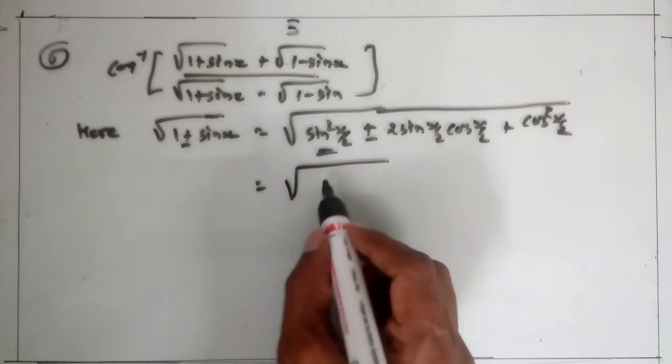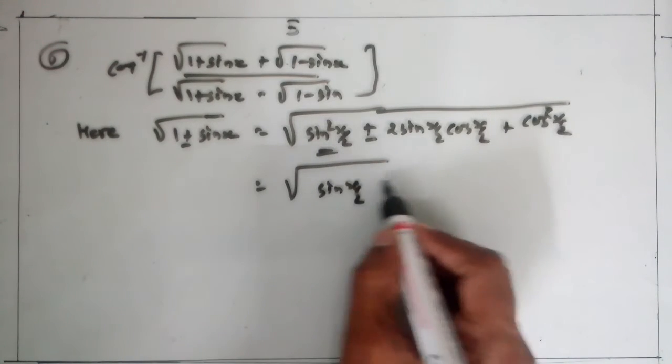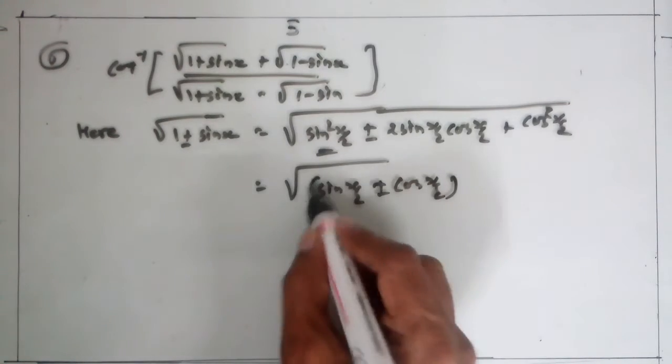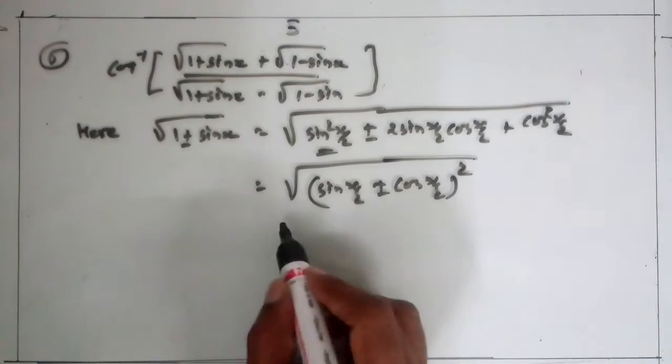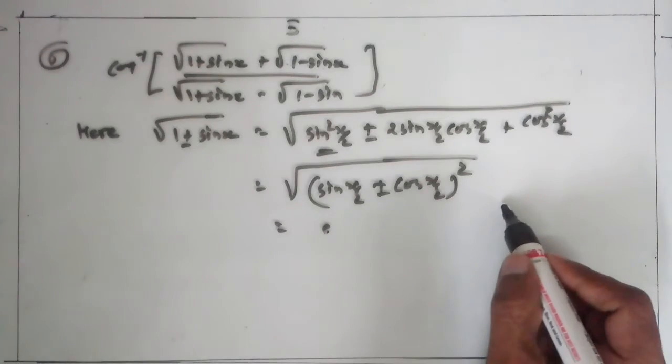So the root becomes (sin x/2 plus or minus cos x/2) raised to 2. The square root cancels, and we get sin x/2 plus or minus cos x/2.